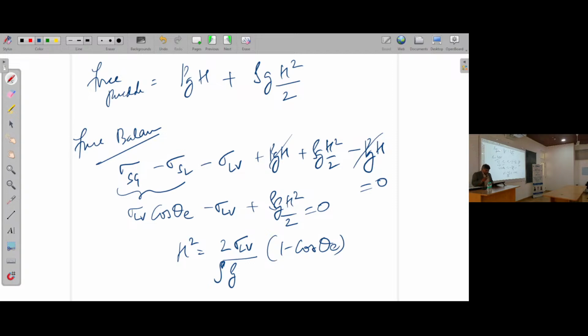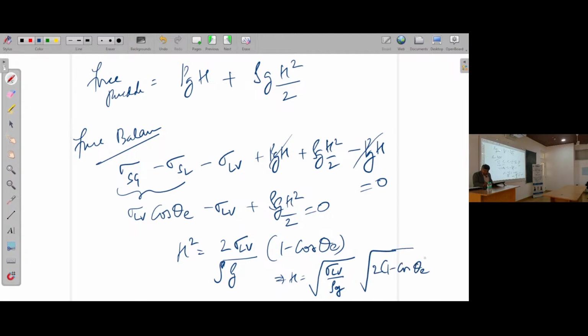Now this becomes h equal to the square root of sigma Lv divided by rho g, times the square root of 1 minus cos theta e.